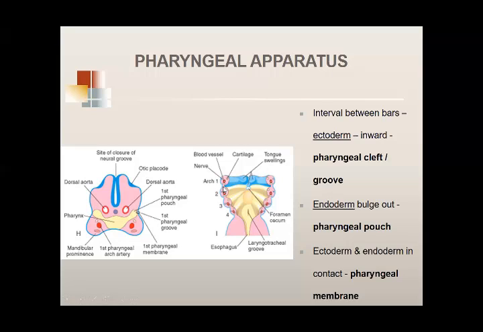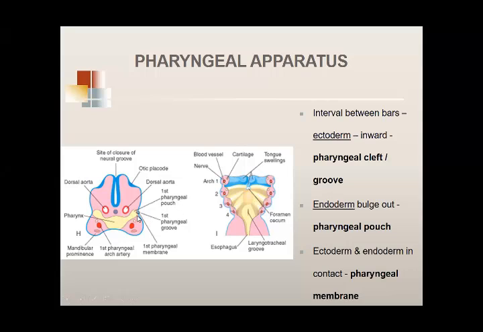Mesenchyme okay, but there's very little mesenchyme in between the endoderm of the pharyngeal pouch and the ectoderm of the pharyngeal groove. This structure is formed, which is called pharyngeal membrane.